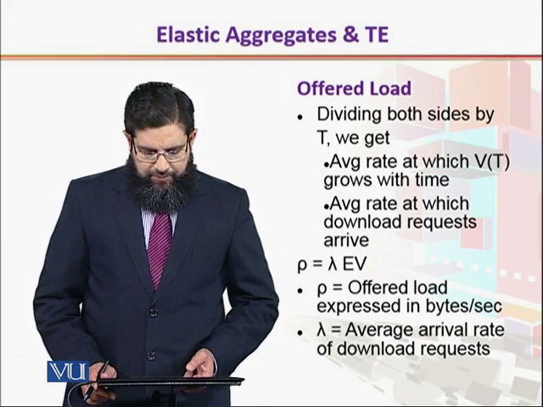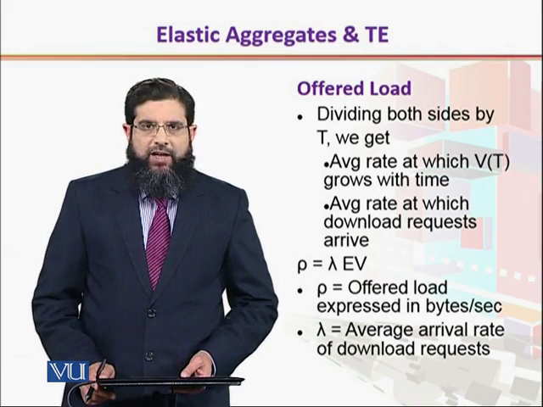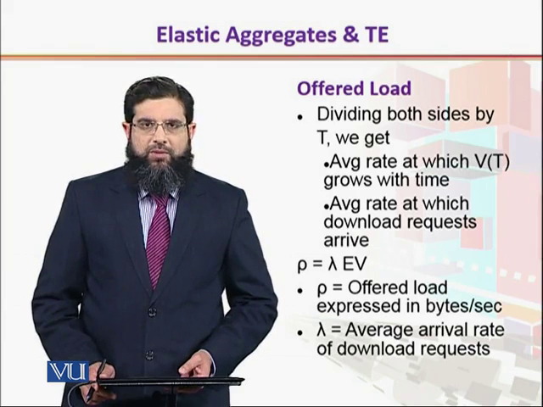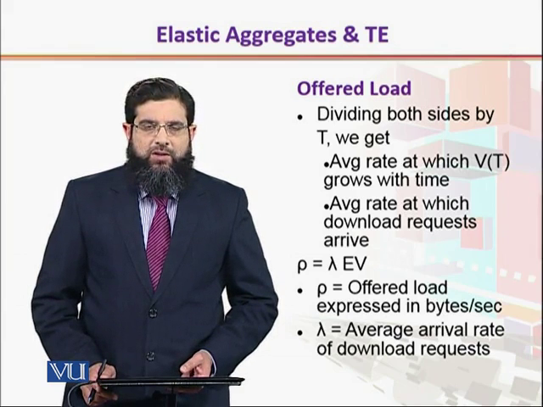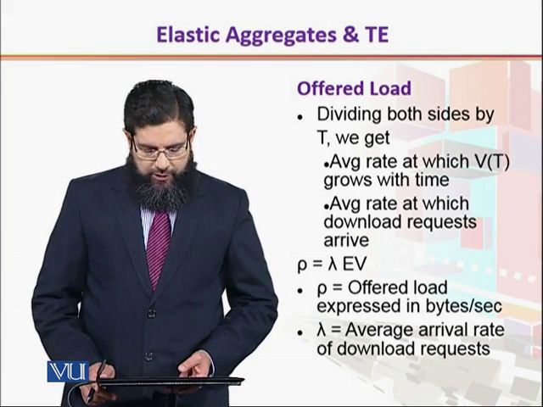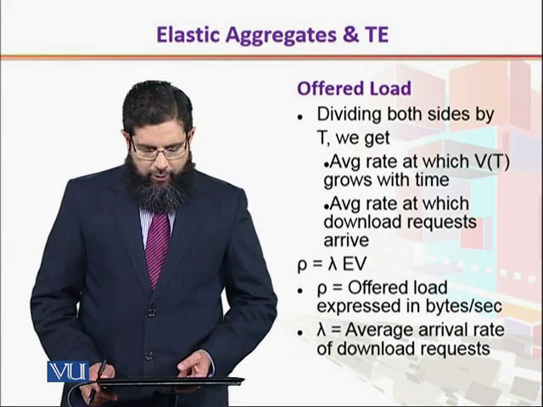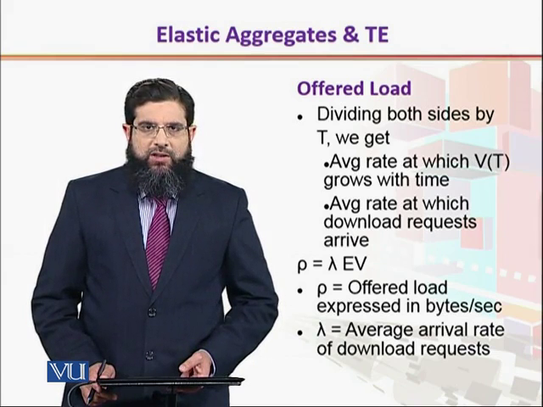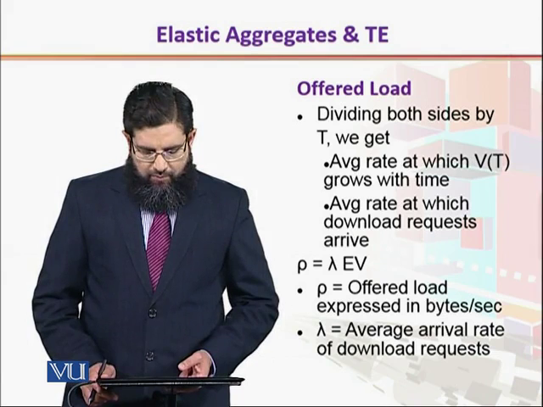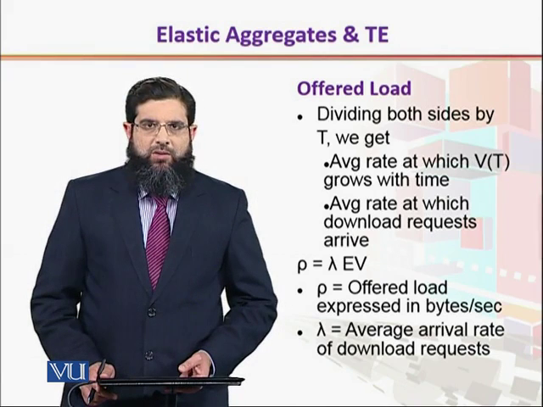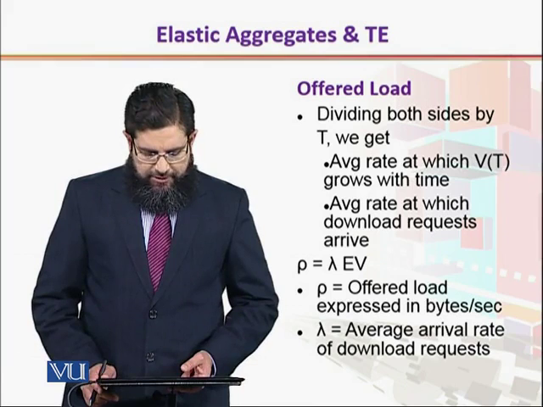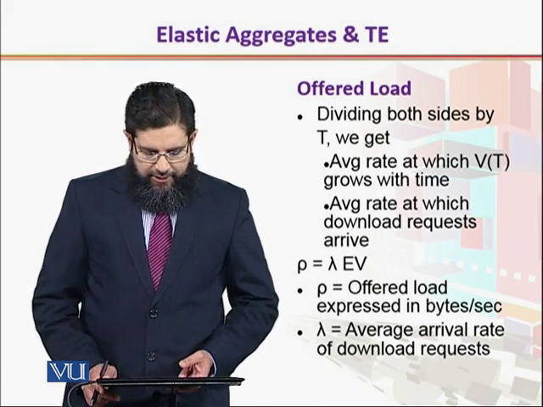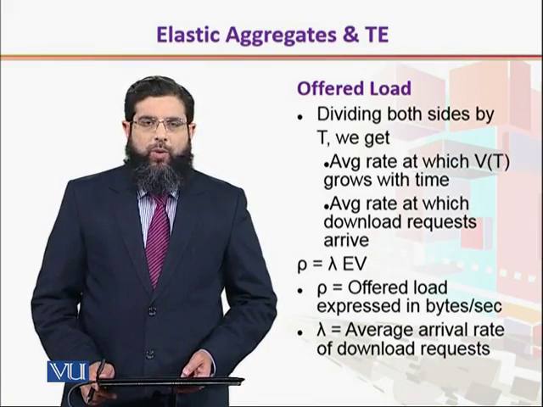And similarly, the number of requests Nt gives us the average rate at which the download requests arrive. Together, these form the overall load offered to the network, represented as rho, which is a product of lambda, the arrival rate, times the size of an average file. Rho is represented offered load in bytes, and lambda is actually the arrival rate in download requests per second.